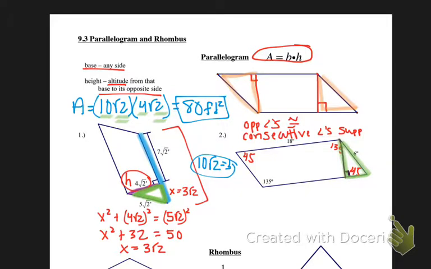And it happens to be a 45-45, and I know what the hypotenuse is, and I need to go to the leg. And in order to do that, we need to divide by root 2. So I have 6 divided by root 2. I'm going to multiply top and bottom by root 2. So this is 6 root 2 over 2, which simplifies to 3 root 2.